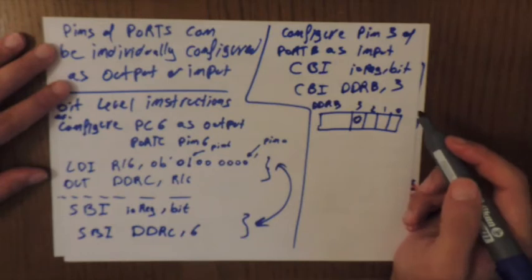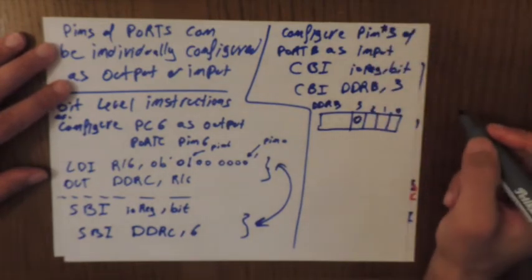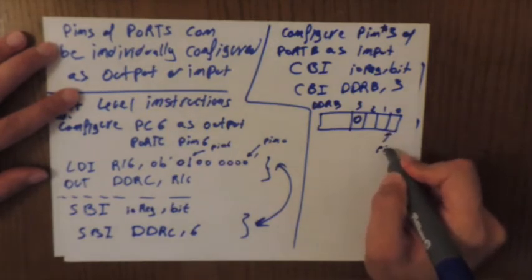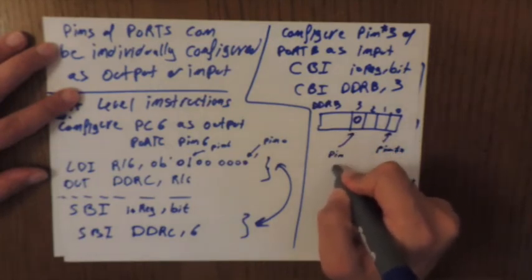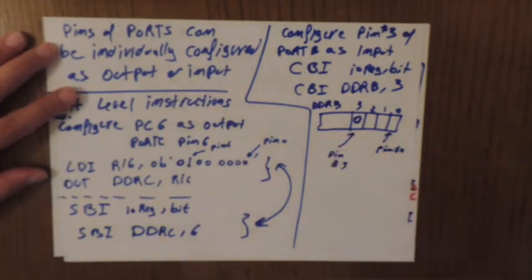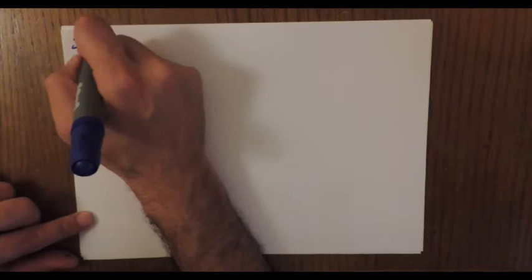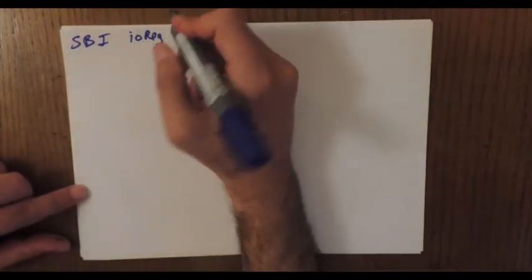It depends. So pin number 3 here. If I look at the IOs, this is pin number 0, and this is pin number 3. Now if I look at the binary representation of SBI, SBI takes an IO register and a bit number.